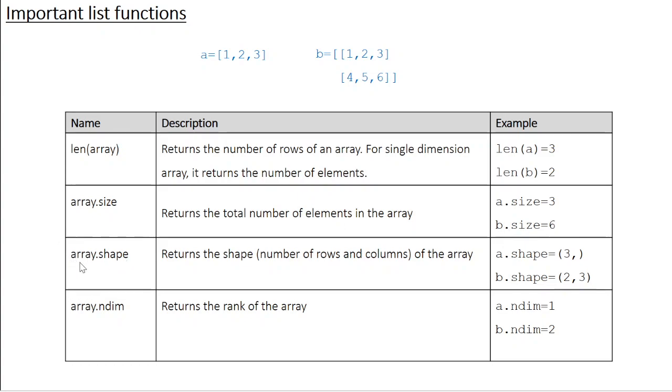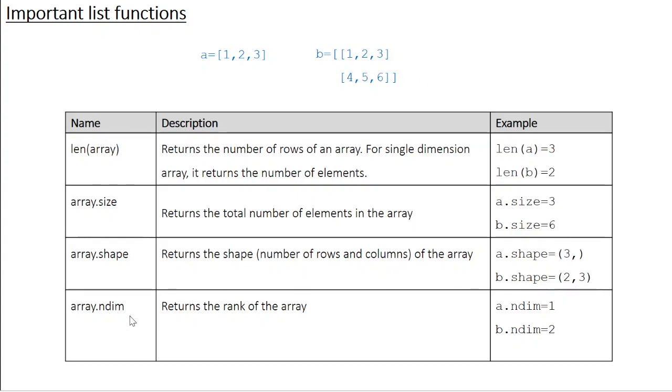Then the size attribute, array.size, returns the total number of elements in the array. In A I have a total of 3 elements, so A.size gives you 3. In B I have a total of 1, 2, 3, 4, 5, 6 elements, so B.size gives you 6. Next is the shape attribute, array.shape. It returns the shape, meaning the number of rows and columns of the array. For A.shape, you do not have rows and columns separately, you only have 3 elements, so it gives you (3,). It has only 1 dimension. Whereas for array B, B.shape, you have 2 rows and 3 columns, so this gives you (2, 3).